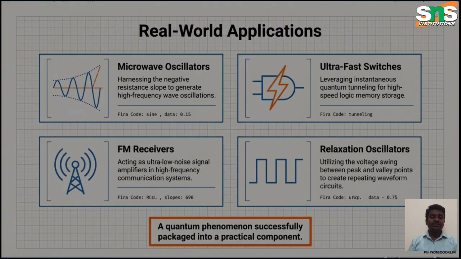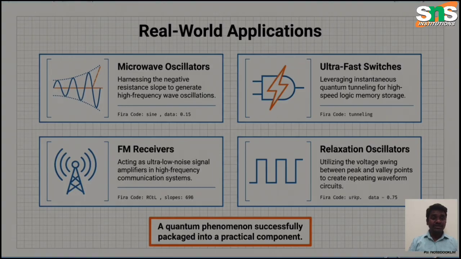Then the real world applications of the tunnel diode. We use it in microwave oscillators, harnessing the negative resistance slope to generate high frequency oscillations. Next, ultra fast switches and FM receivers.